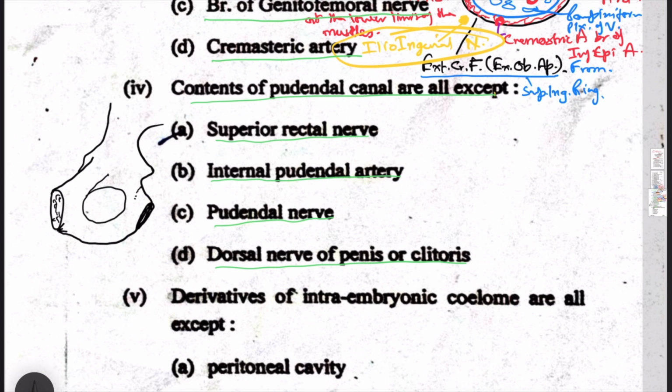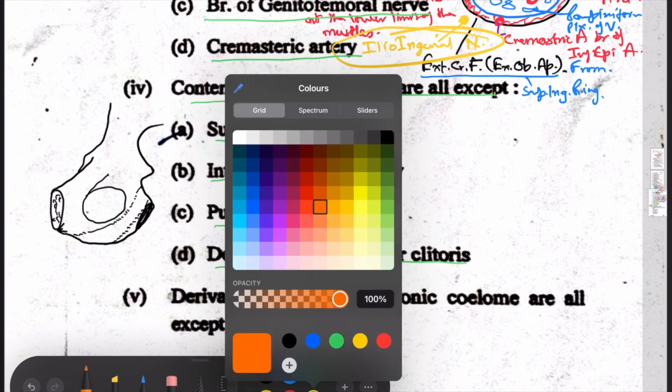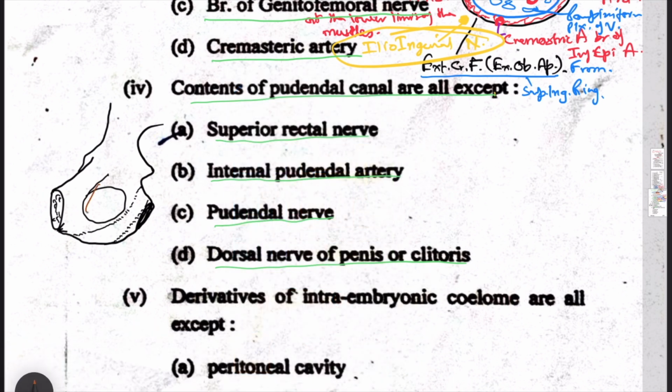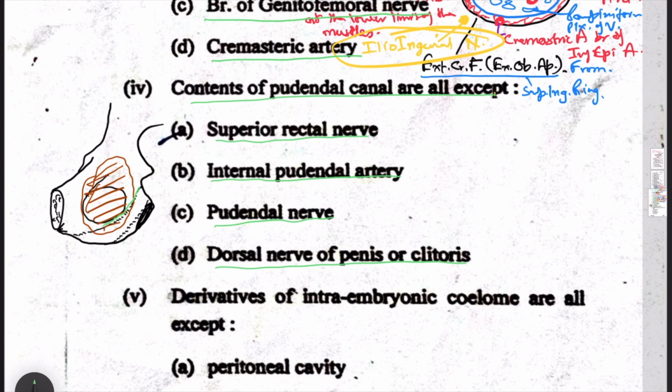There were structures coming from the lesser sciatic notch along the inner surface, the pelvic surface of the ischiopubic ramus, and this is all covered by the big muscle here, the obturator internus, which is covered by the obturator fascia, an investing layer.